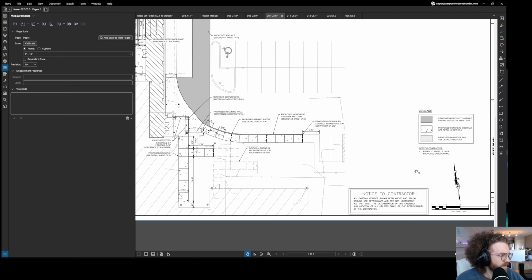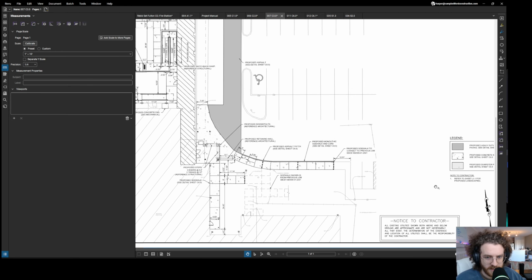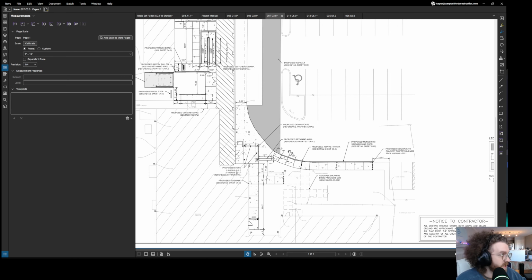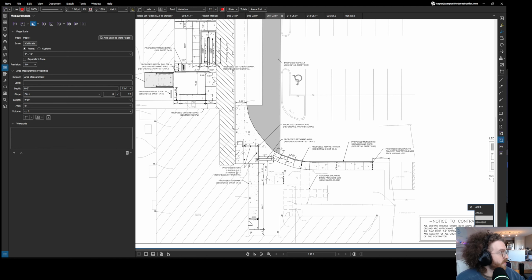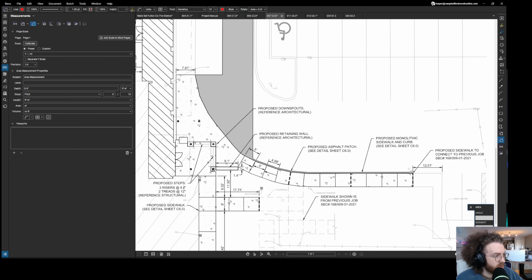That's how it works. So what we do is we set our scale, and with modern technology, the ease of access is that I get to draw a little area. I click this area button up here that says, "Hey, I want to take off a square, or I want to take off this section of something." So I've got my concrete sidewalk, and I'm just going to draw.